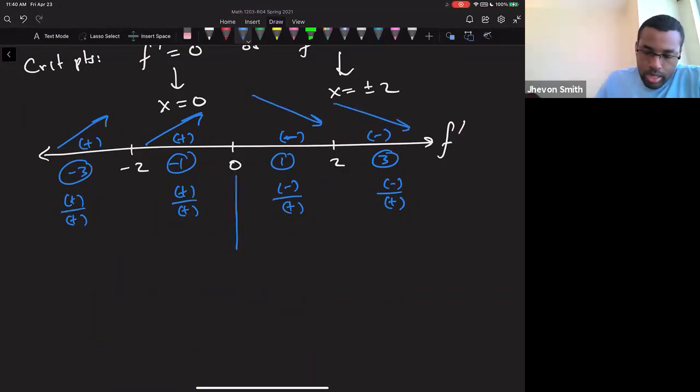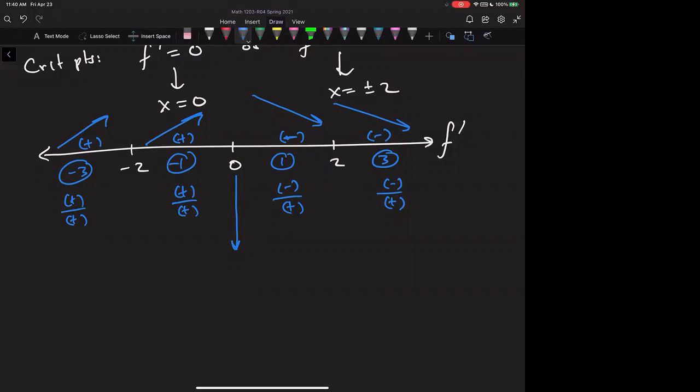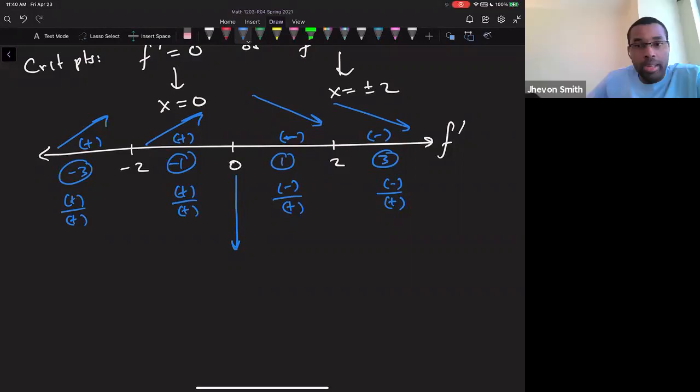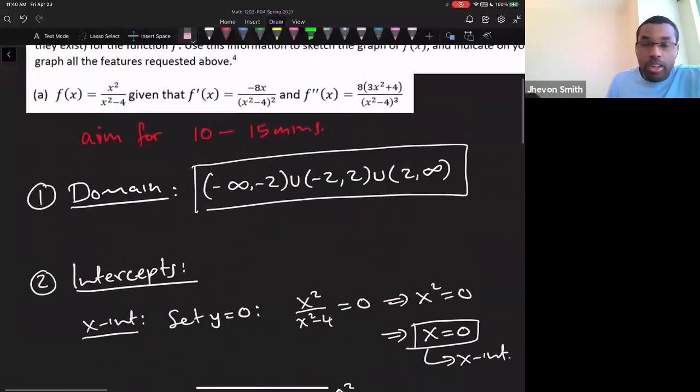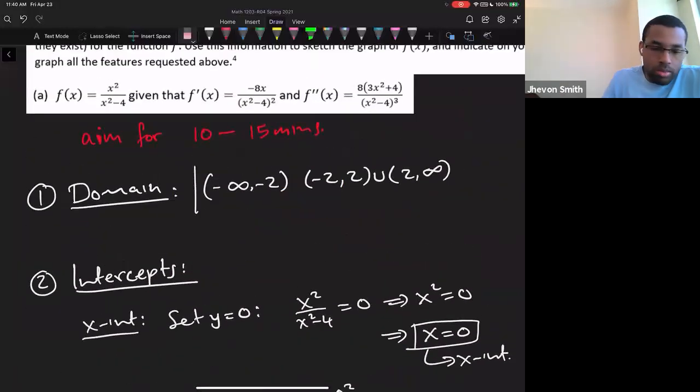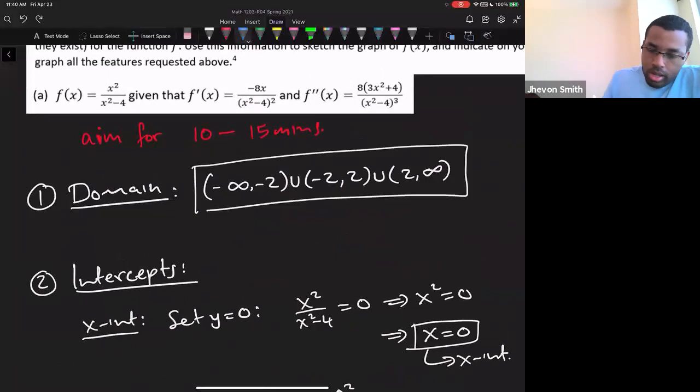Now, what is 0 in this case? Maximum. It's a maximum. How do we know it's a maximum? You're increasing on the left, you're decreasing on the right, and 0 is in the domain. So the function is continuous there. 0 fits in this interval right here.